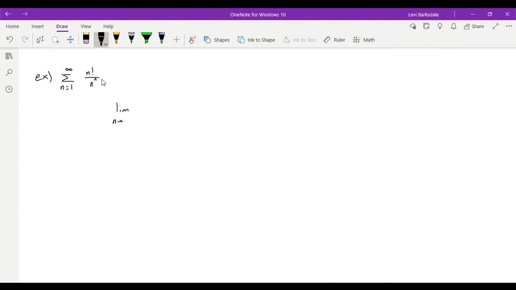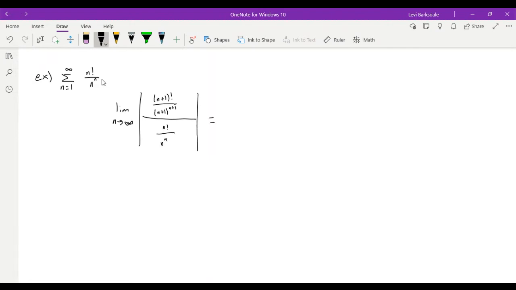Well, we need to take the limit as n approaches infinity of a sub n plus 1, so that would be n plus 1 factorial over n plus 1 to the n plus 1th power, divided by a sub n, so n factorial over n to the nth.